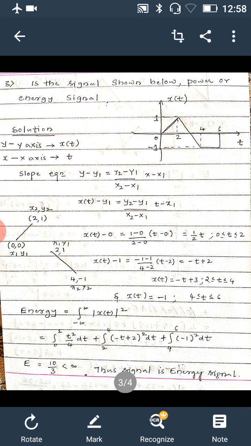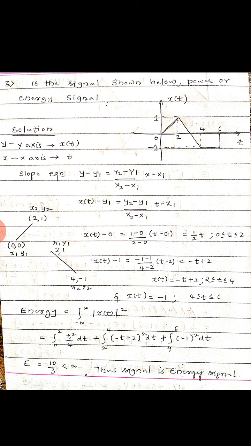And again apply (a plus b) whole square and integrate, apply the limits, and finally the energy value will be 10 by 3, which is finite, and hence the signal is an energy signal, not a power signal.